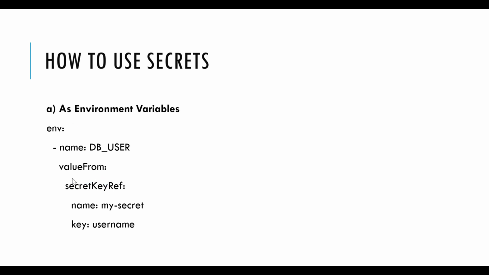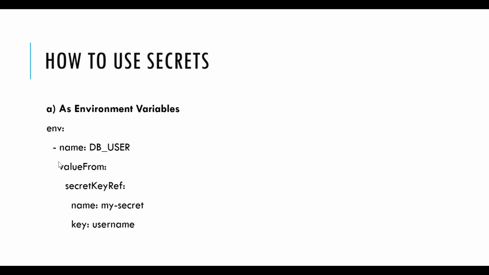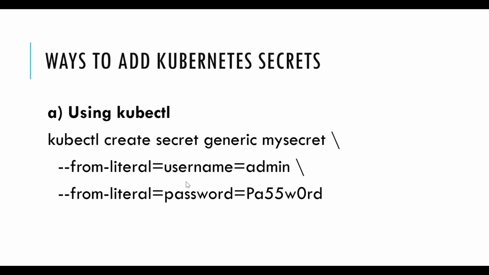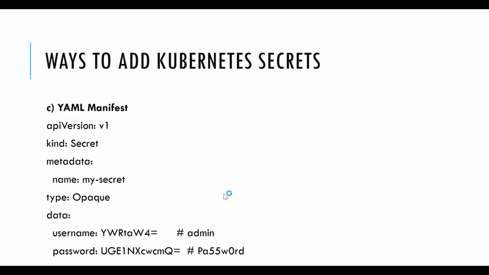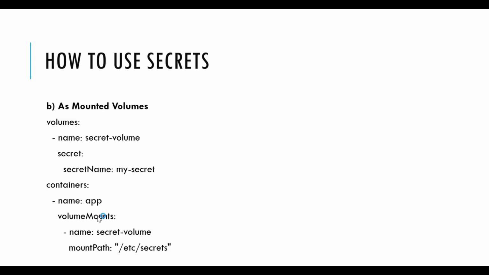Then the value is picked from the secret that we created: the secret name and the key, username. Similarly, this is a list, so we can add more values, like hyphen name, db password, then again the same thing, but the key will be different. If I'm using this secret that I created, I need to use the username and then the password, so I have to define it two times.